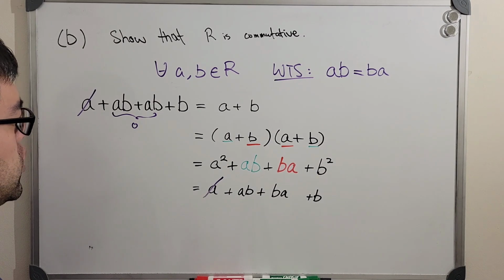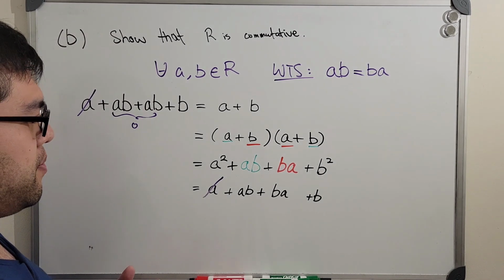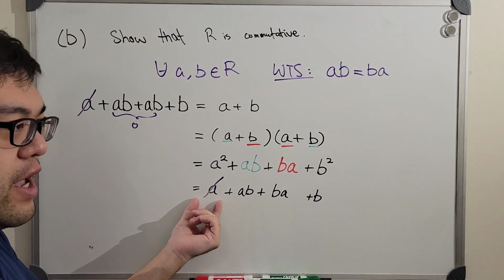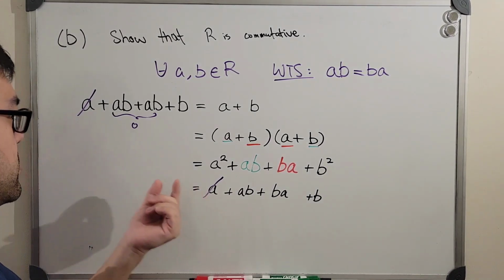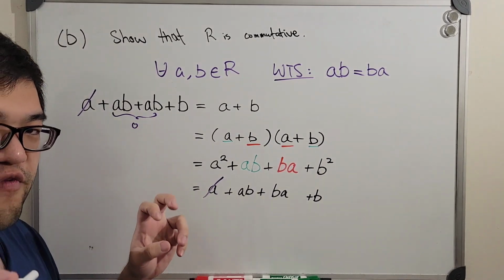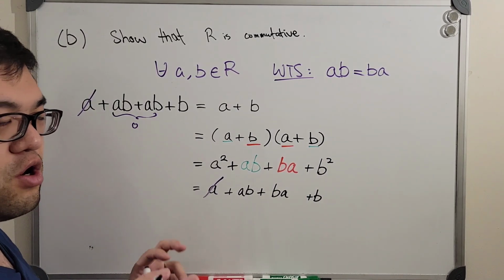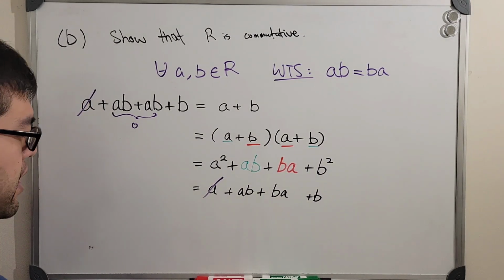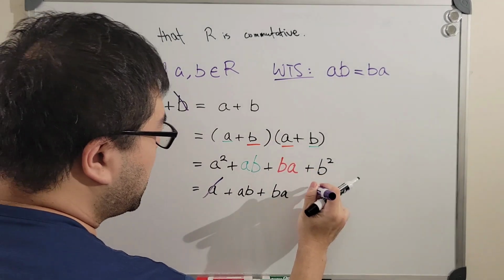Therefore, we have the additive inverse for all elements, and we can do the inverse of addition, or what you call subtraction here. And therefore, we can subtract A on both sides, as well as subtracting B on both sides.